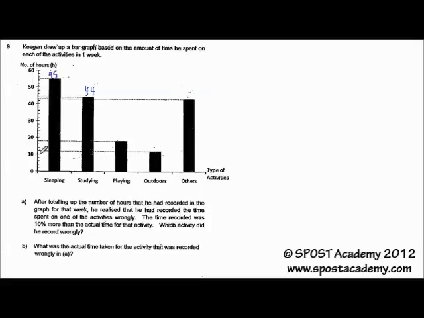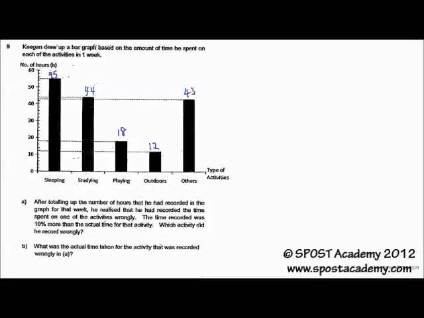While playing is 10, 12, 14, 16, 18. Outdoors is actually 10, 12. While others is 40, 42. Again, it's in between 42 and 44, which means this is 43.